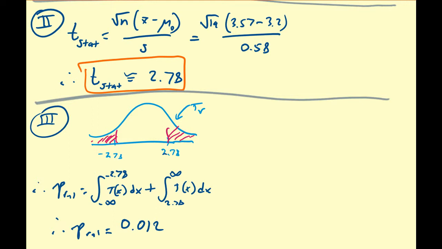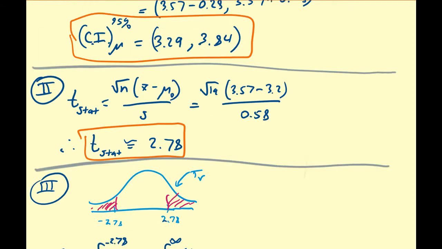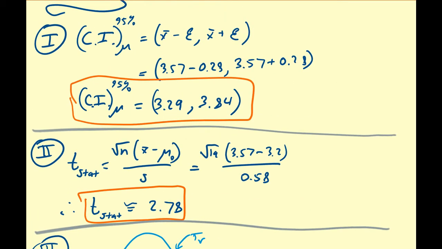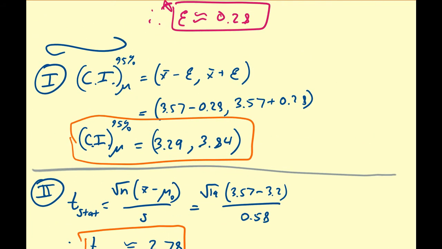So these are the three things that you need to conduct a hypothesis test for a population mean. Now let us go through each of these three and conclude each of them one by one. Starting with the confidence interval approach, recall that the null hypothesis mean is equal to 3.2.